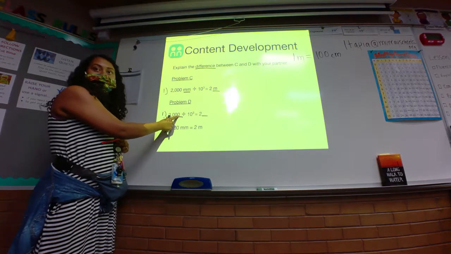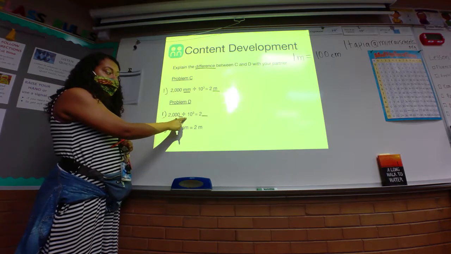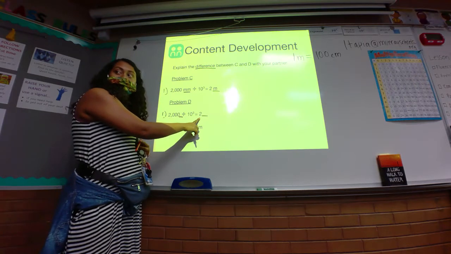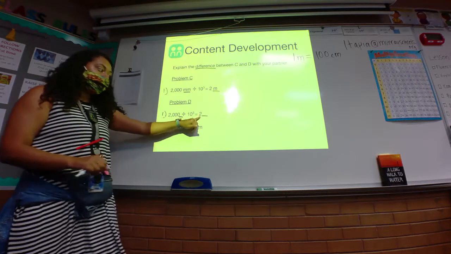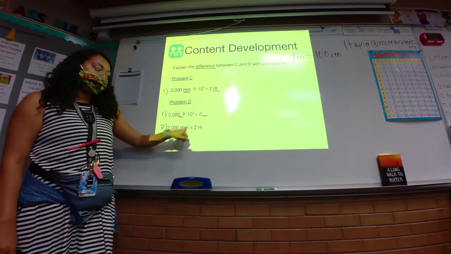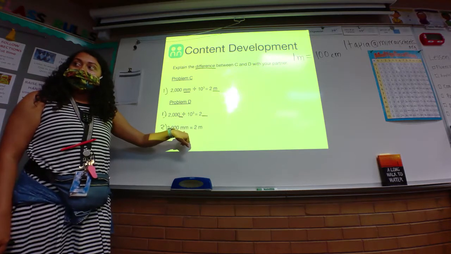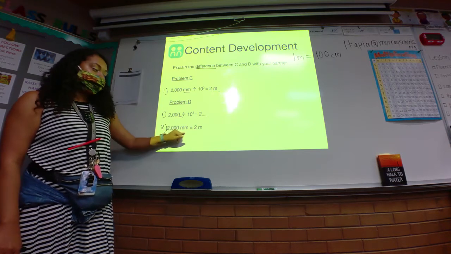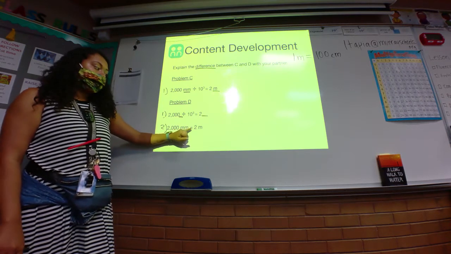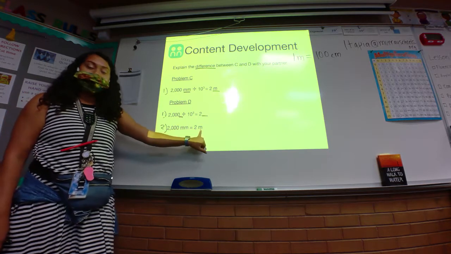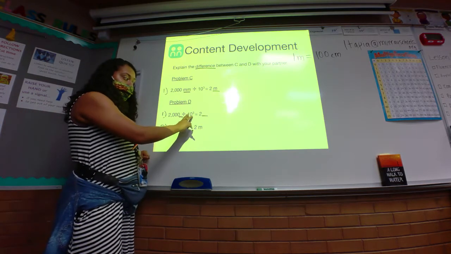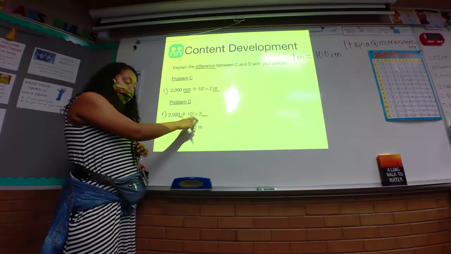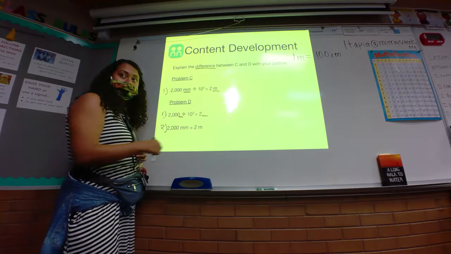Just the digits. 2,000 divided by 10 to the power of 3, which equals 2. And then they went back in and plugged in the measurement units. So then they got 2,000 millimeters equals 2 meters because they showed up here that they needed to divide by 10 to the power of 3. And then they plugged back in their measurement units.